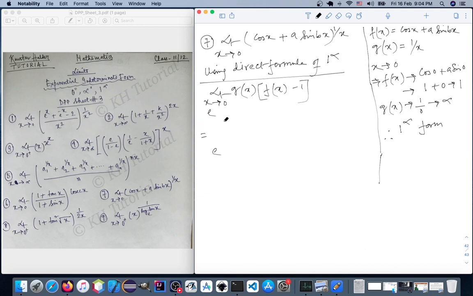This becomes limit x tends to 0 of 1 by x into cos x plus a sin bx minus 1. So this limit is now of the form 0 by 0, and we can apply L'Hopital rule.